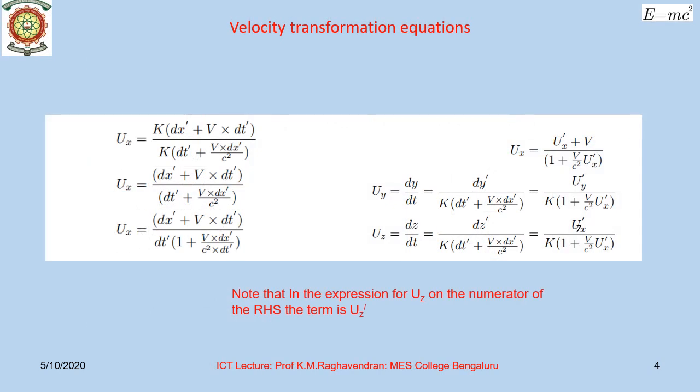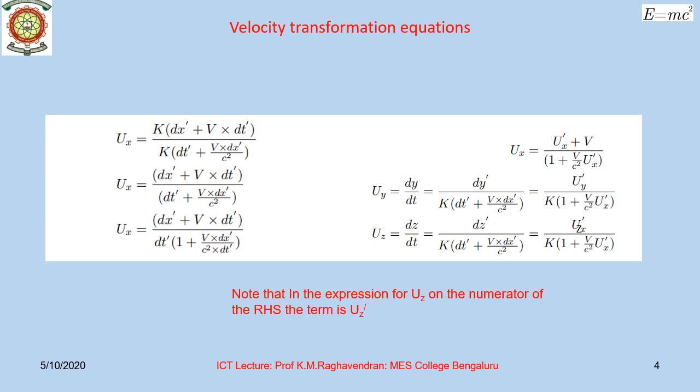In order to calculate ux, we substitute the values of dx and dt from the previous slide and obtain ux = k(dx' + v dt') / k(dt' + (v/c²)dx').